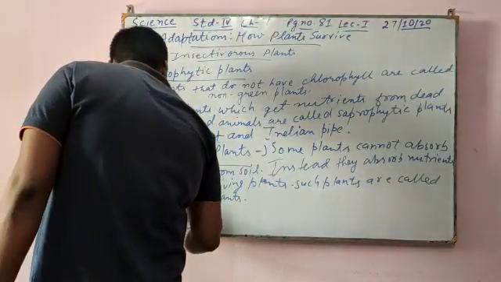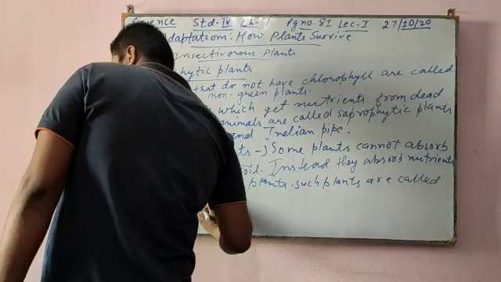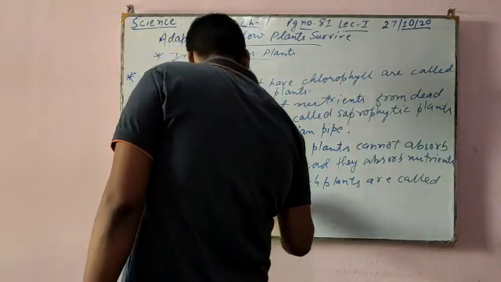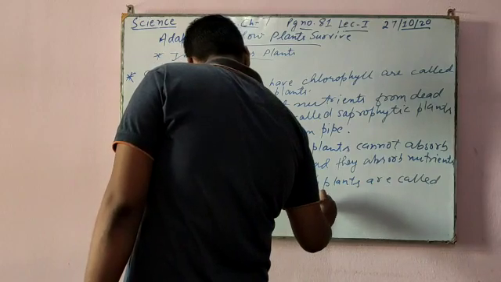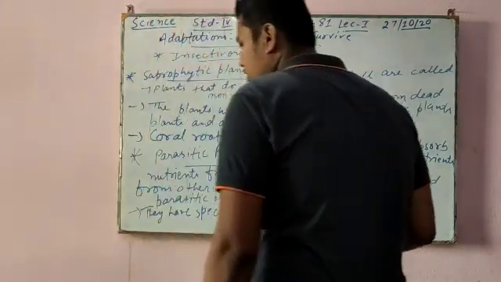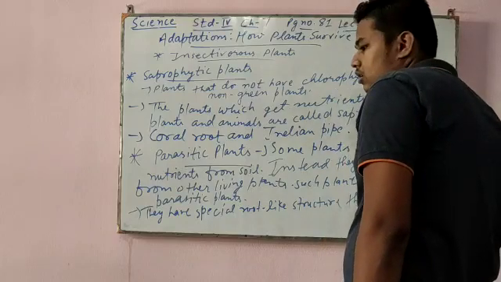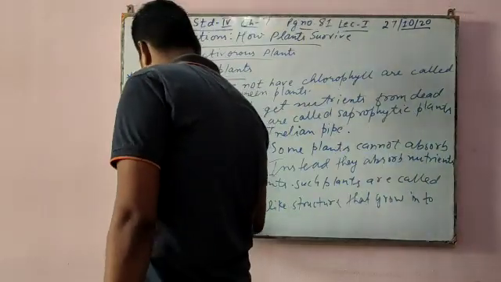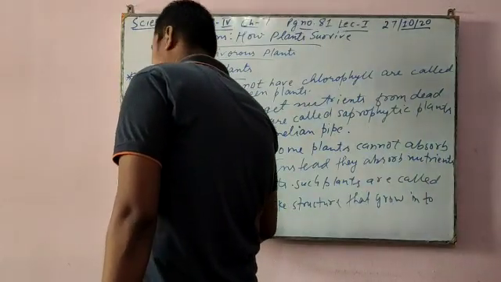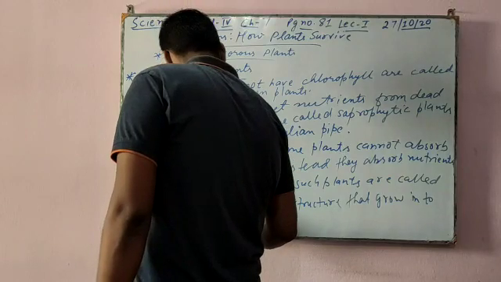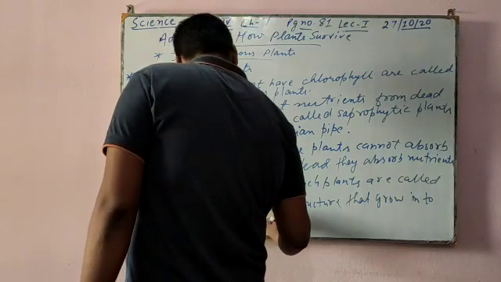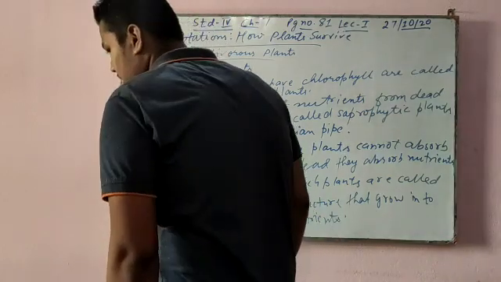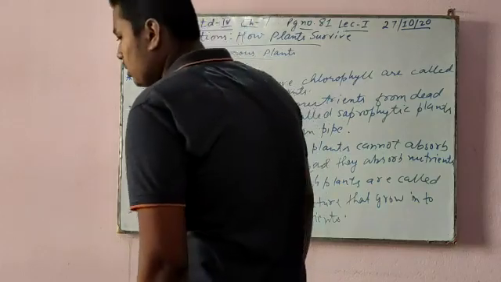They have a special root-like structure that grows into the host plant to absorb nutrients.